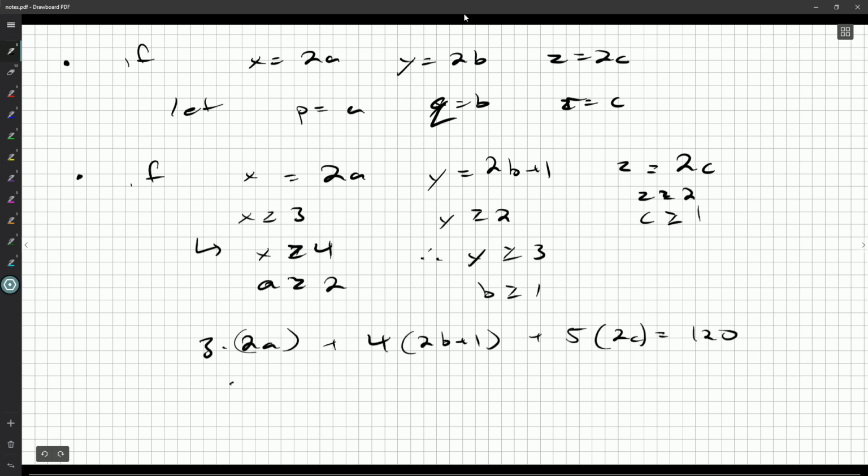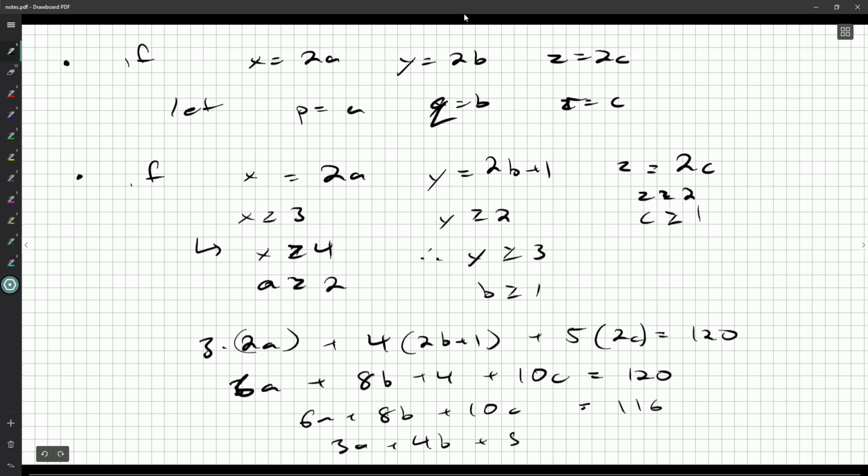So we know we've got this. I've got 6a plus 8b plus 4, and then 10c, 120. If you subtract 4 on both sides, we got 116 is 6a plus 8b plus 10c. Divide by 2, 3a plus 4b plus 5c is going to be 58.